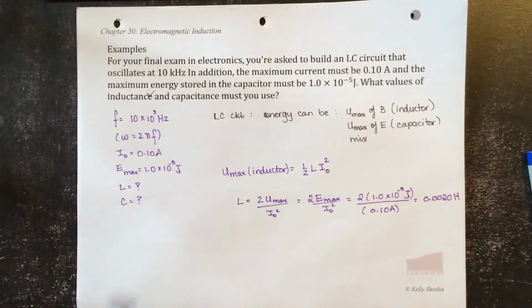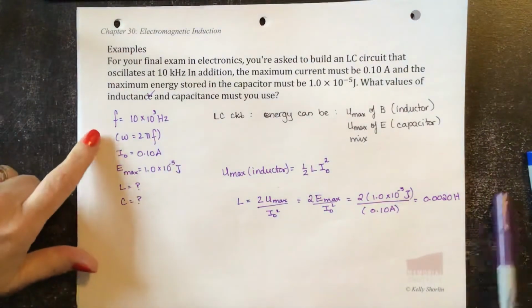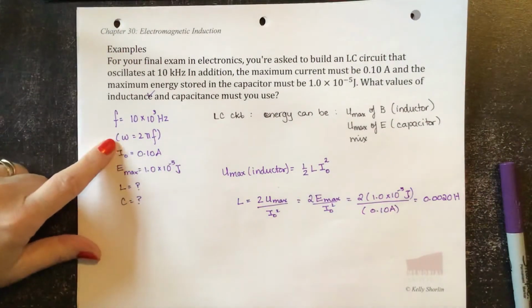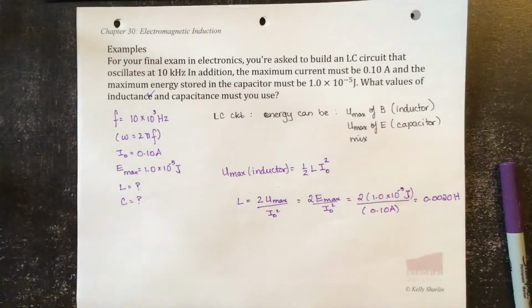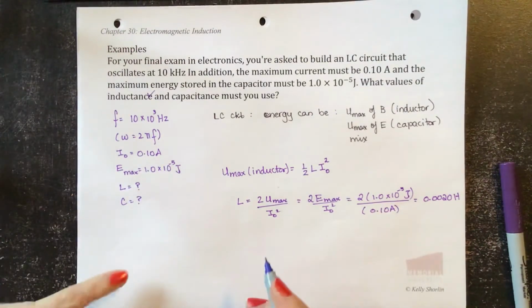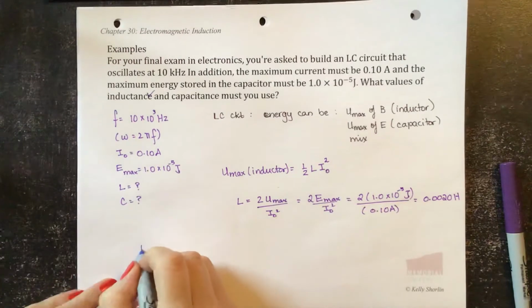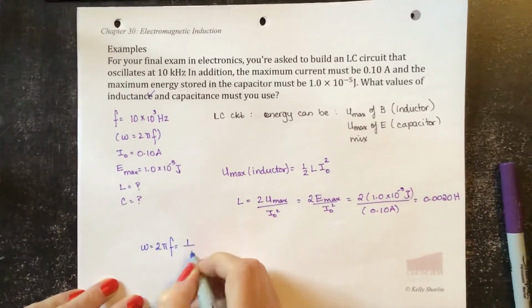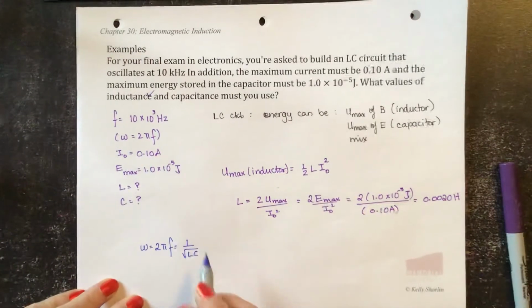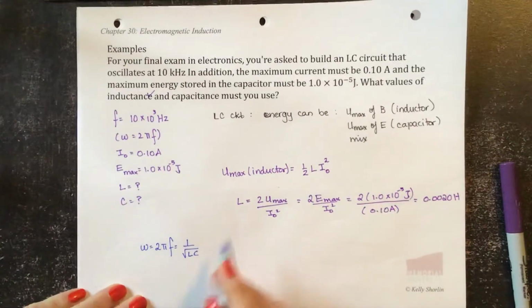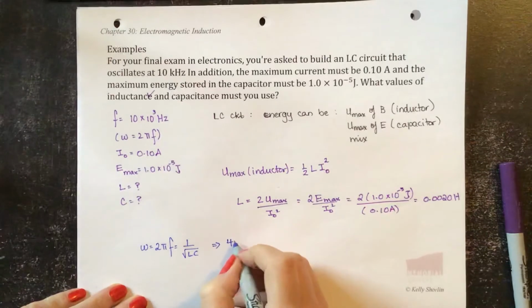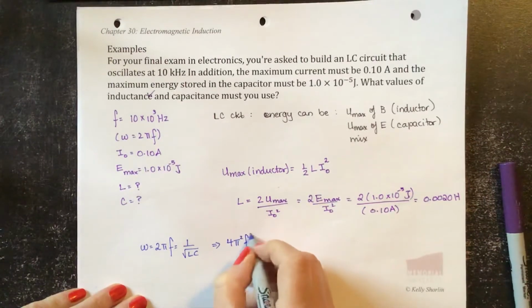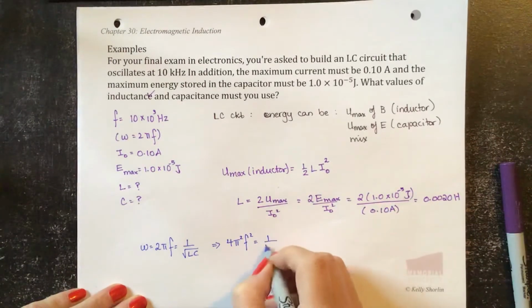What about our capacitance? Let's come back to the idea that we know what omega is, or we can find it pretty easily. We also know that omega is 1 over the square root of LC. So omega is 2 pi f, and it's 1 over the square root of L times C. We know f, we know L, so we can find C. 4 pi squared f squared, squaring both sides, is 1 over LC.